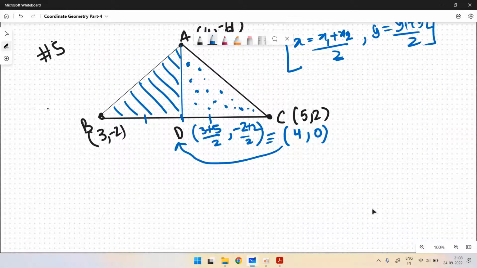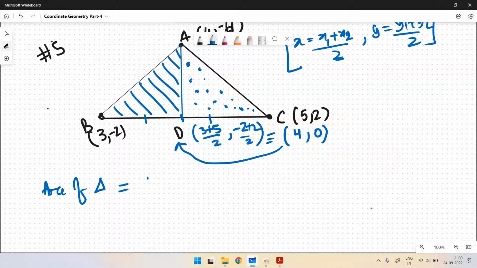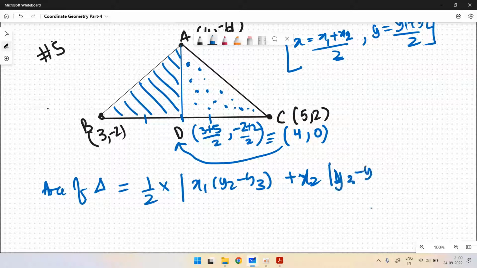Applying the area formula, the area of any triangle is given by half into modulus of x1 (y2 minus y3) plus x2 (y3 minus y1) plus x3 (y1 minus y2).